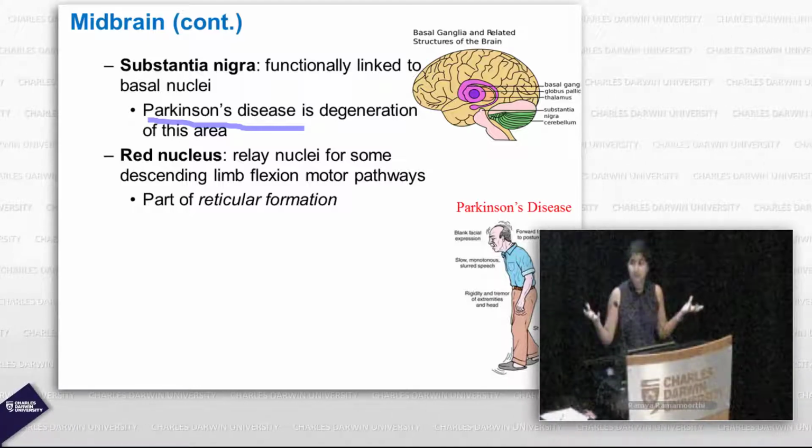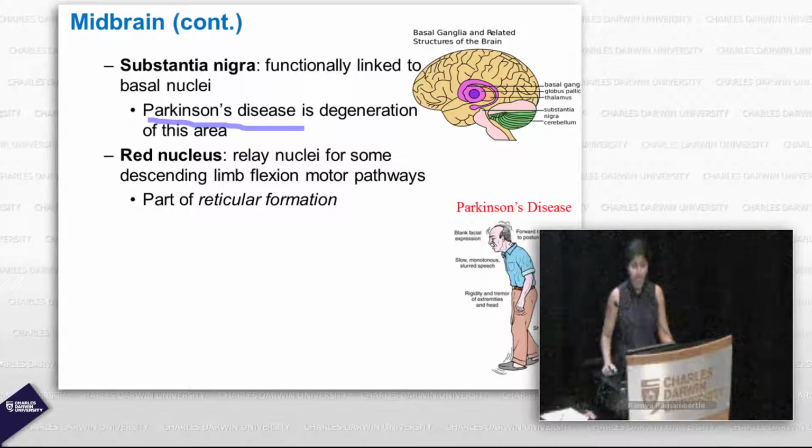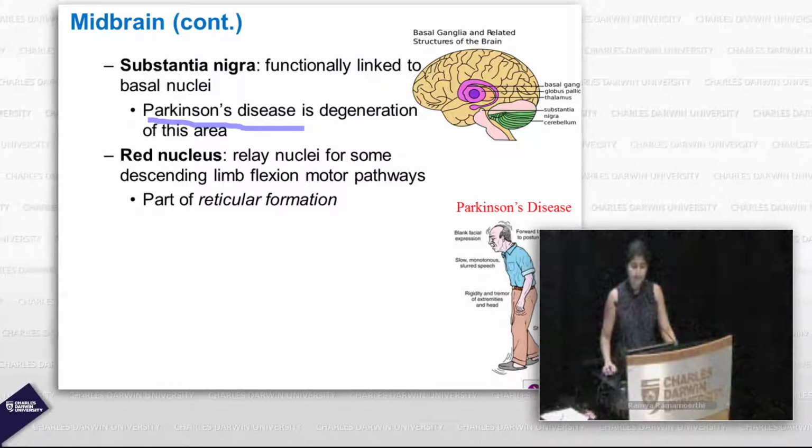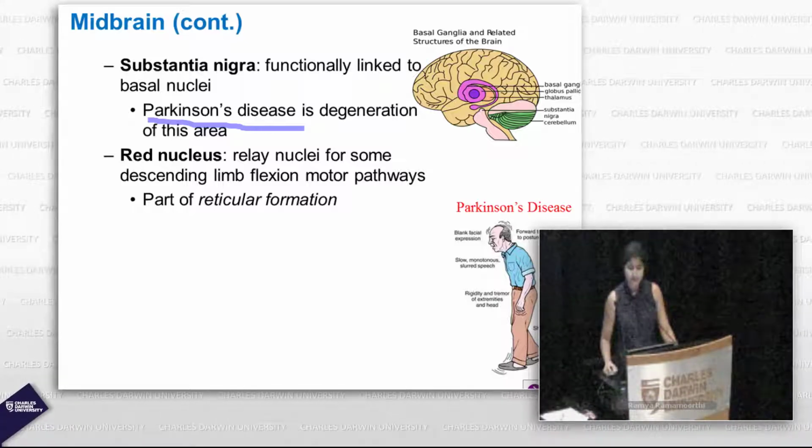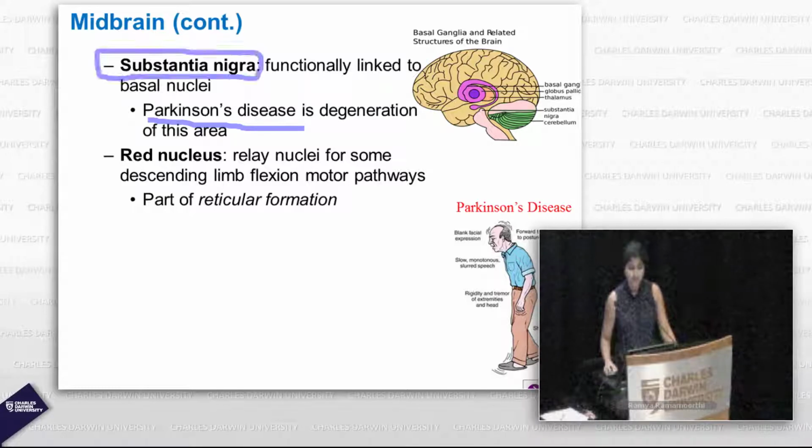We'll see that in later parts of the slides. All we have to understand here is that the substantia nigra in your midbrain is involved with neurodegenerative diseases, mainly Parkinson's disease.